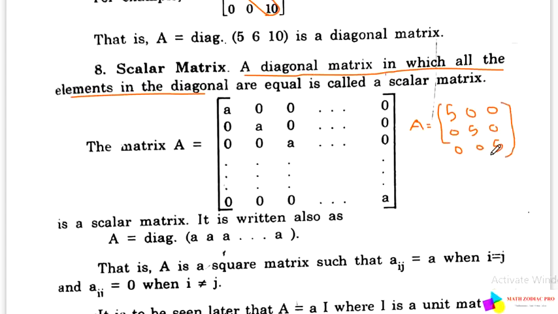The diagonal elements are equal, 5 5 5. So this is called a scalar matrix, where the diagonal elements are equal.